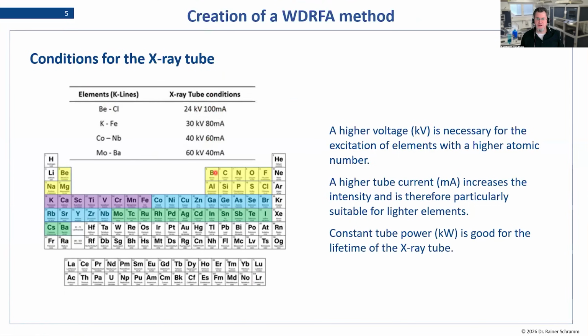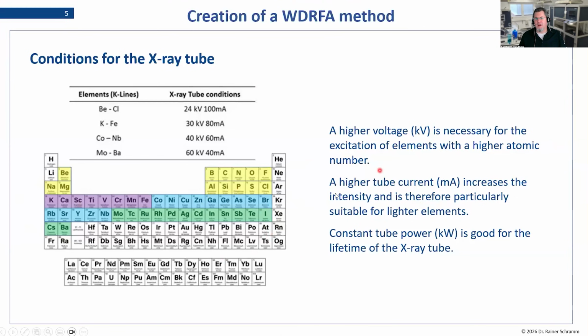To understand tube settings, it's usually two parameters: the kilovoltage and the milliampere. And as a rule of thumb, we need the high voltage, the high kVs, to excite the heavier elements. So the elements with the higher atomic number in the periodic table need more kV. So going from left to right and top to bottom here, we just need more kV.